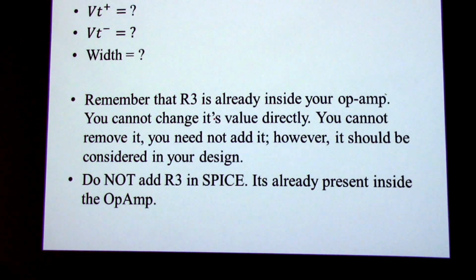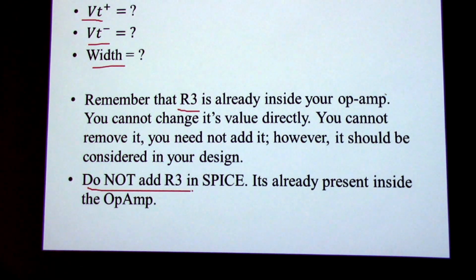Okay, so that's the additional specification, and mathematically speaking, you should come to the lab with values of this and this, like what kind of threshold plus, threshold minus, and width you expect. And just as I mentioned before, R3 is already inside your op amp, because I'll give you the slide so you can read. So you cannot change its value, so you should consider it in your design, but you don't need to add it.